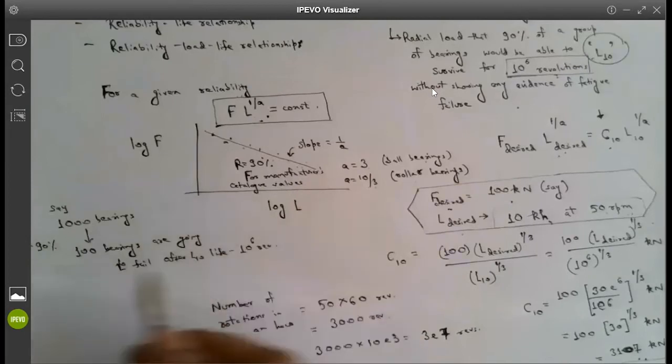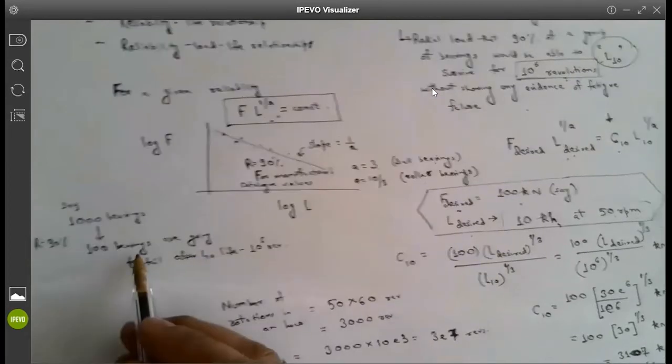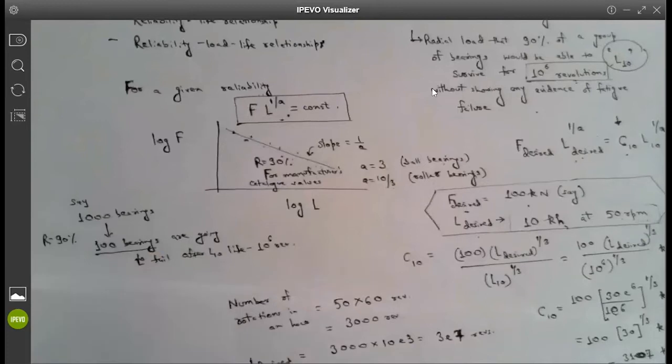And this is a very scary scenario, right? 100 bearings are going to fail. Now, if those bearings are going in an automobile, then 100 cars, or whatever number of cars, will be down for maintenance because the bearings are going to fail, and that is a pretty scary scenario, isn't it? As a designer, you would not like that many bearings to fail after a specific life.